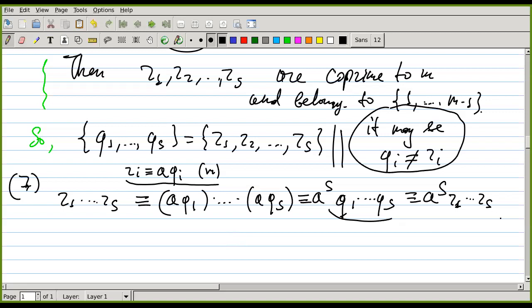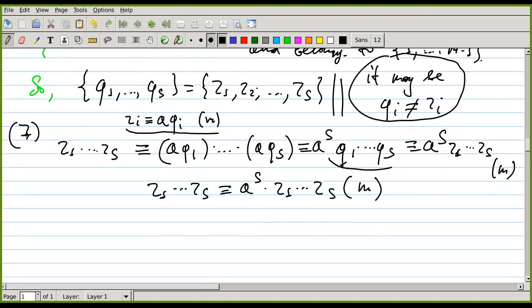Yes. So what do I have? I have that the product of these remainders is congruent to A to the power S multiplied by the product of these remainders. But now let's recall the fact we have already mentioned.